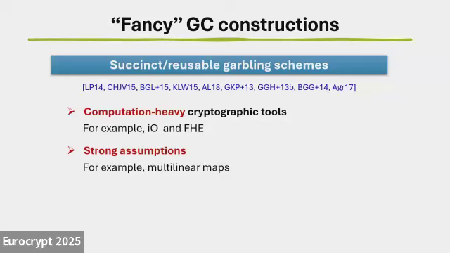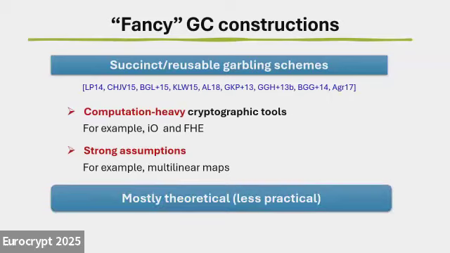Another line of research focuses on making garbling succinct or even reusable. So the communication will be very little, but it typically relies on very computationally expensive tools like indistinguishability obfuscation or FHE, and sometimes even very strong assumptions like multilinear maps. So they are not practical yet.